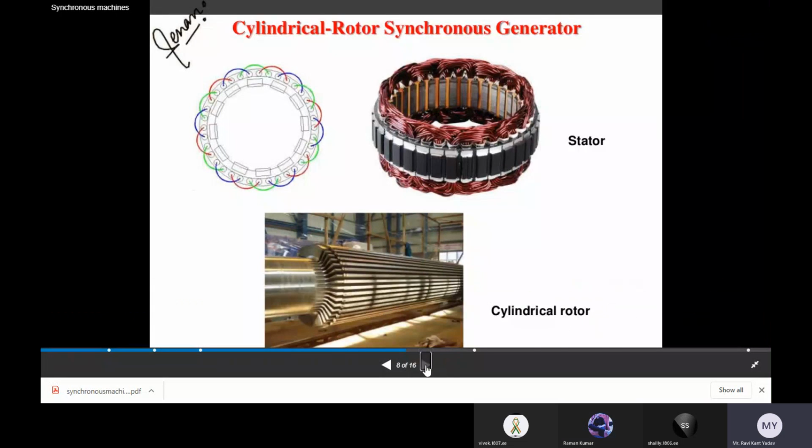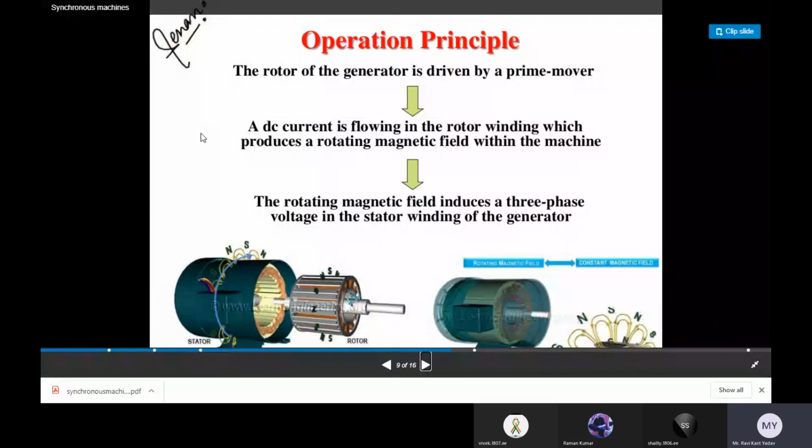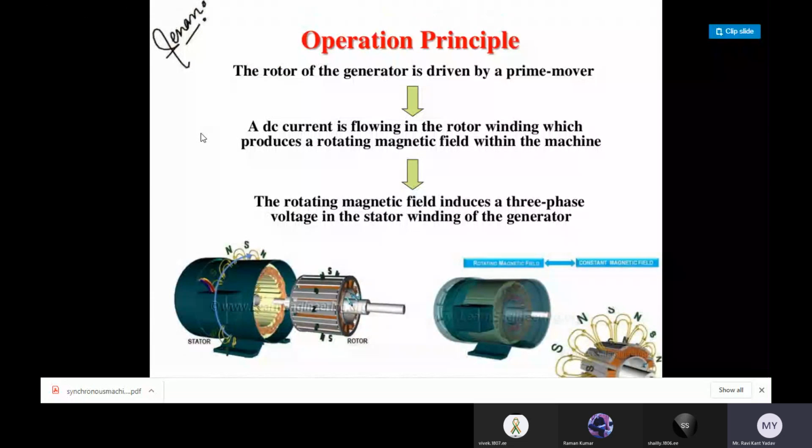After that, I will discuss the basic working principle of the synchronous generator. I will start step by step. The rotor of the generator is driven by the prime mover, as we know. In a synchronous generator, there will be the prime mover as a mechanical part, which supplies kinetic energy to the rotor, and the rotor is rotating within the armature coil.